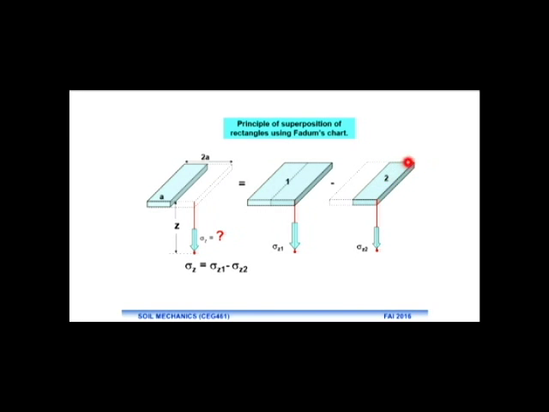Okay, there is no foundation on that part of the ground surface, but you have to imagine that there is a foundation on that surface. That is to be deducted from the large foundation number 1.